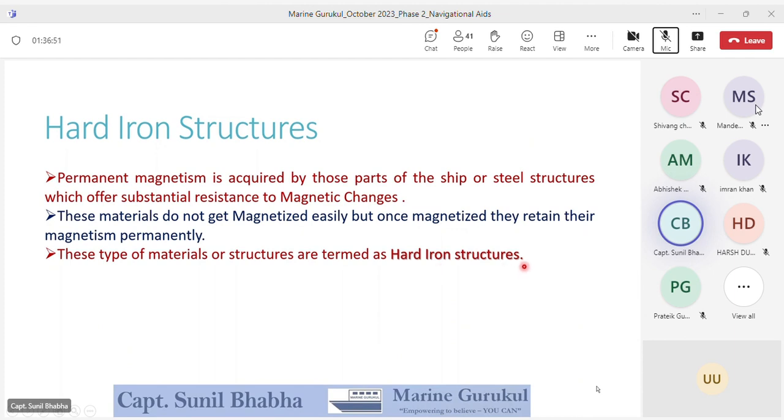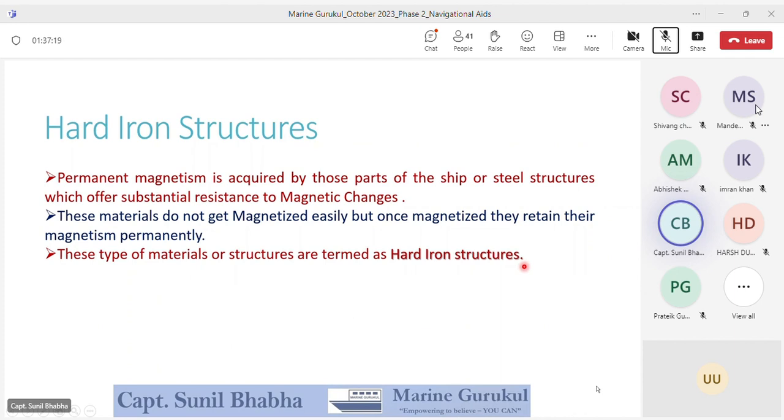So basically the ship is divided into these two kinds of structure, the soft iron and hard iron structures. Soft iron structures gain or acquire magnetism very easily, and that acquired magnetism is induced magnetism. It is temporary in nature. As soon as the inducing field or the magnetic field which was responsible for the magnetism is removed, the structures lose their magnetism instantly.